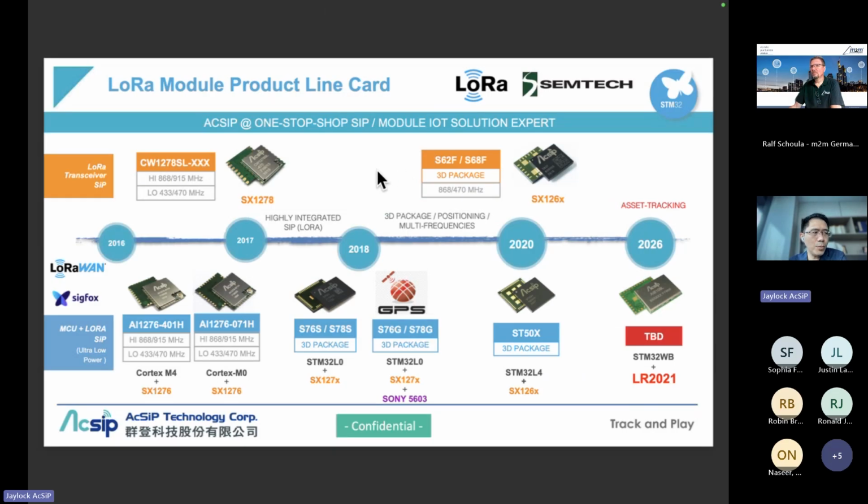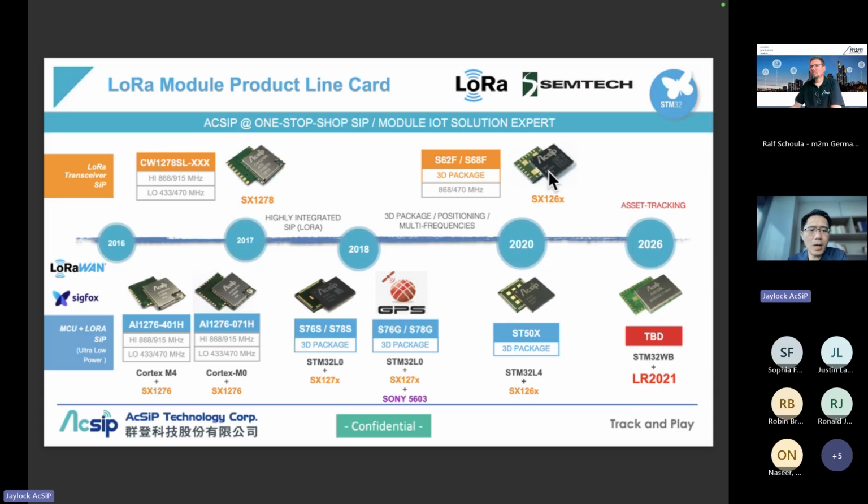So in the past, we also used the STEM module approach, basically putting multiple components on one PCB. So starting from 2020, we were launching our LoRa SiP module. So this is an LGA package.